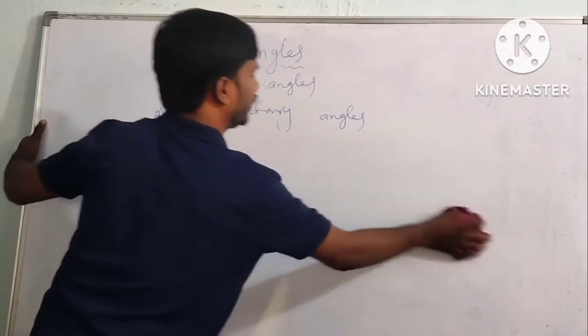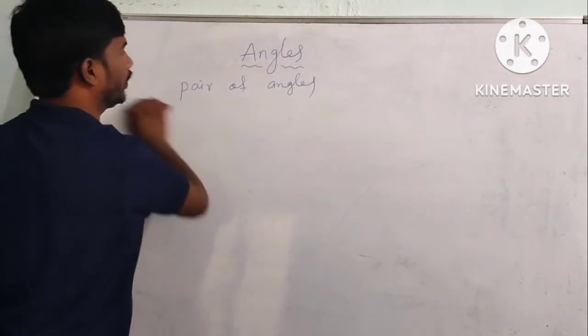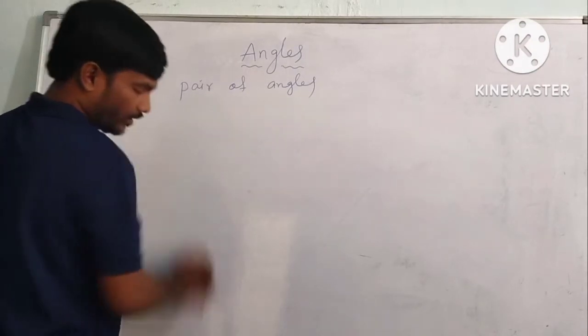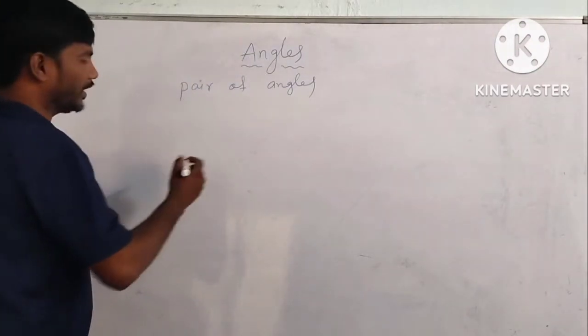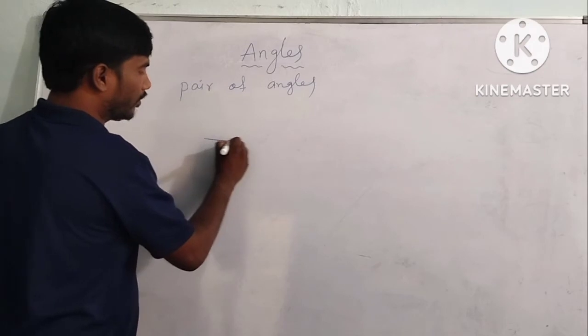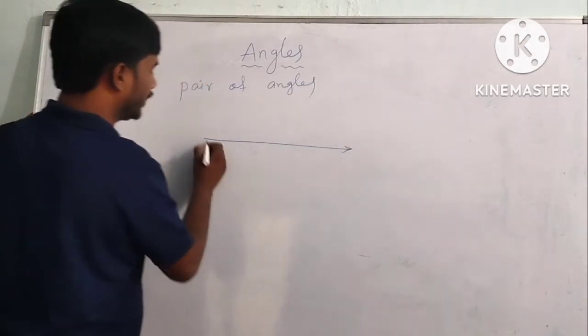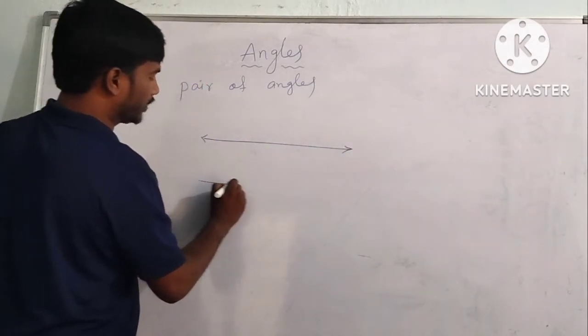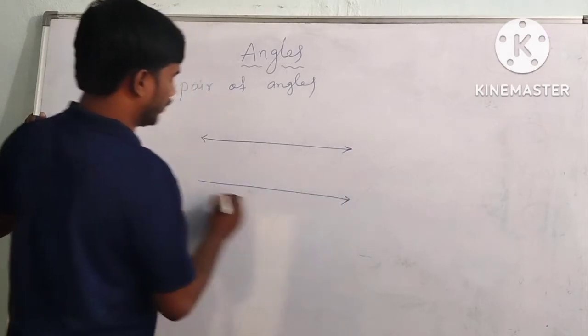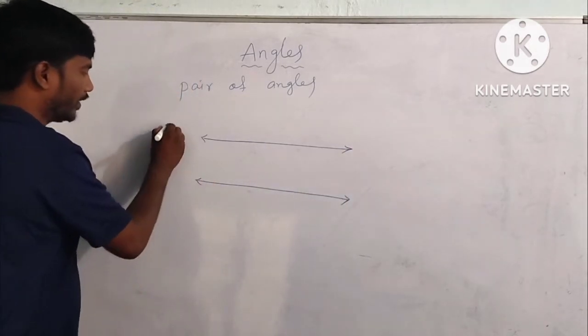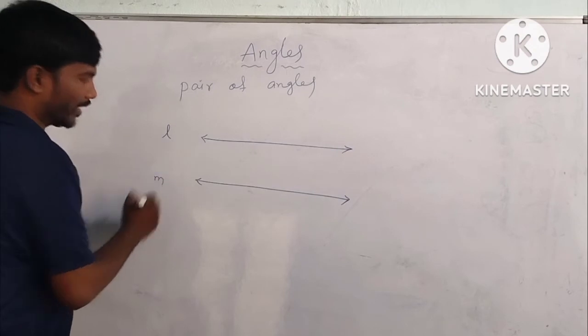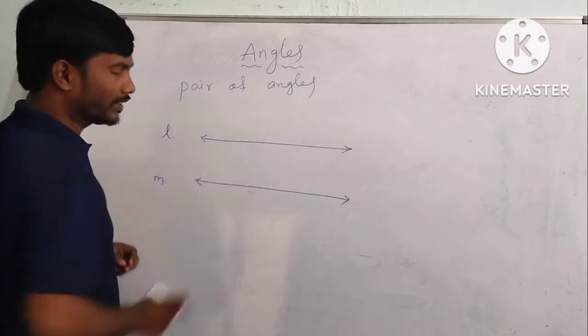Here you need to know some important concepts in pair of angles: parallel lines. Here one line L is there, line M is there. These two lines are parallel lines.